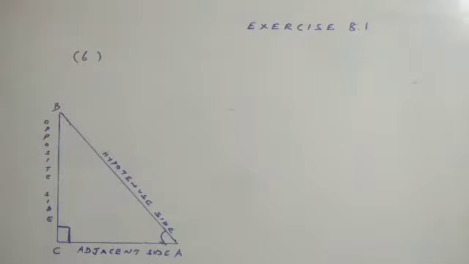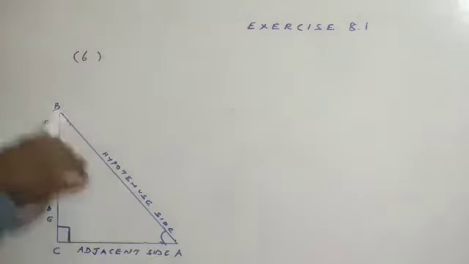Now first consider this angle A. This is A, B, C. Already I told the side which is between angle and right angle called adjacent side. The portion vertically to the adjacent side is opposite side.